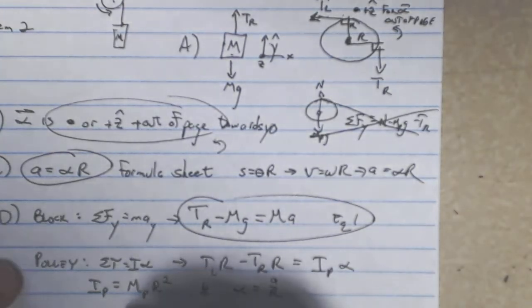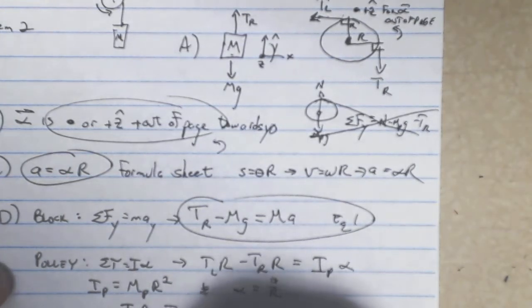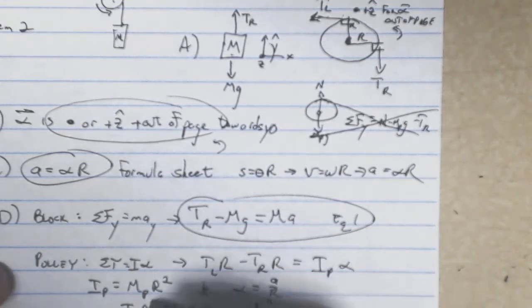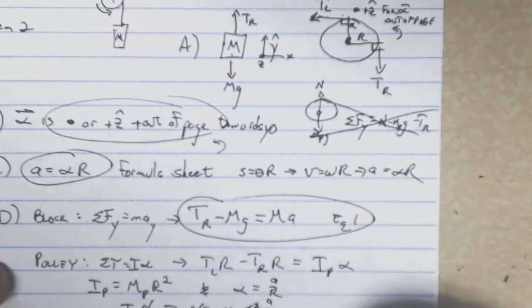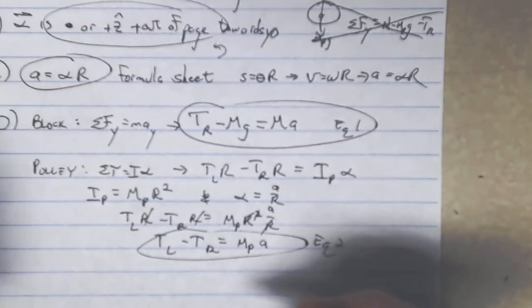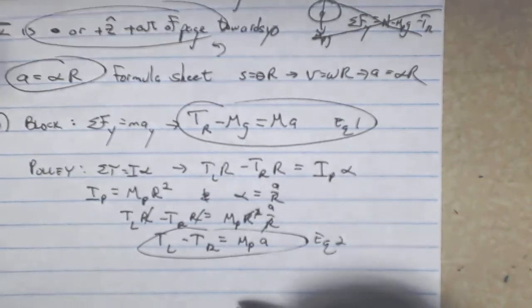So what I have then is TL R minus TR R equals M_P R squared times a over R. This squared cancels that. All the R's cancel. And we're left with TL minus TR equals M_P, the mass of the pulley, times a. That'll be my equation 2 that I'll need to move to the next part of the problem and solve for everything.